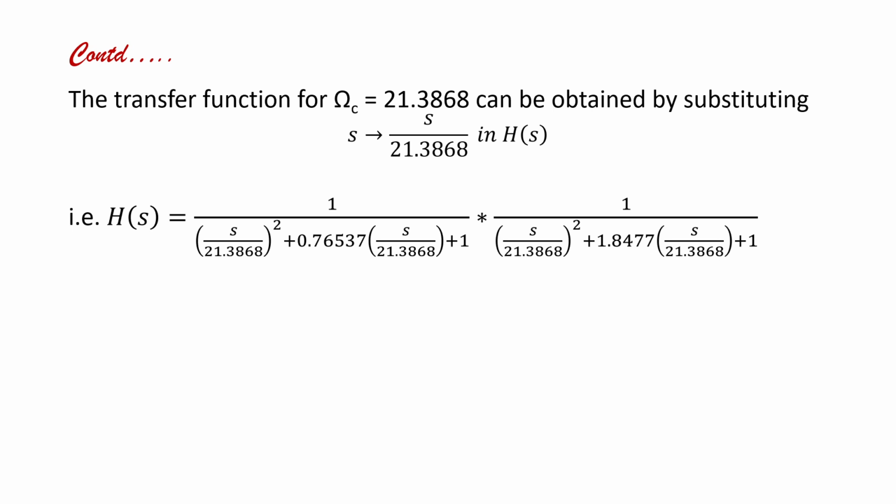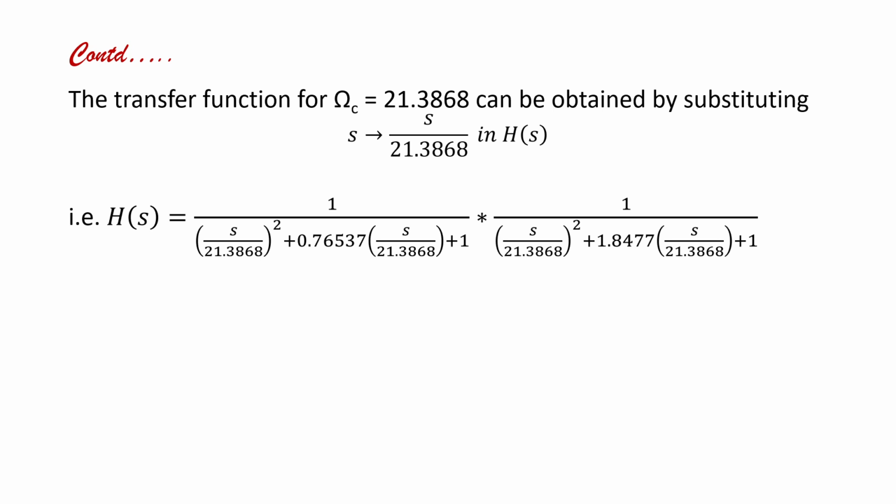So finally H(s) equals 1 divided by (s by 21.3868) whole square plus 0.76537 s by 21.3868 plus 1, into 1 divided by (s by 21.3868) whole square plus 1.8477 into s divided by 21.3868 plus 1.